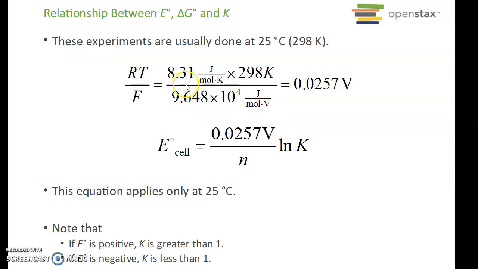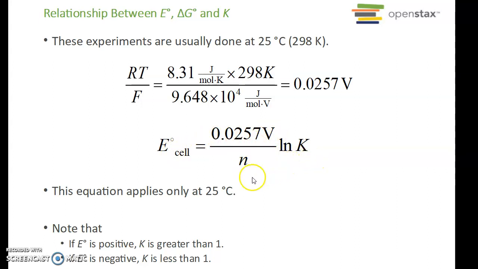Now, if you want to put the values in there at standard conditions, this is the temperature, this right here is the R value, and here's the Faraday constant, right? All of those can be converted into this right here. So that prior equation can be converted to this divided by N times the natural log of K.